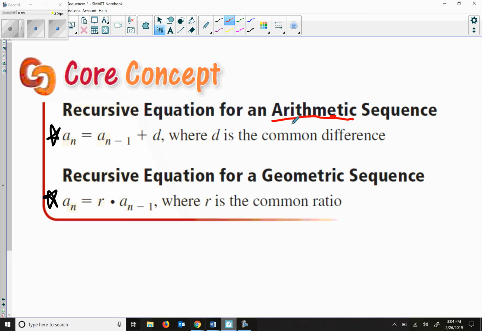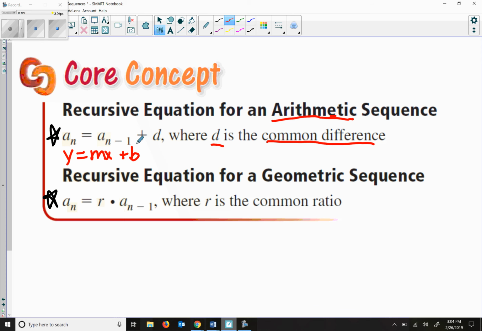Remember, arithmetic, we're adding, so that d is the common difference. Really, this recursive equation is just in the form of y equals mx plus b. Arithmetic sequences create lines because that common difference is the same.